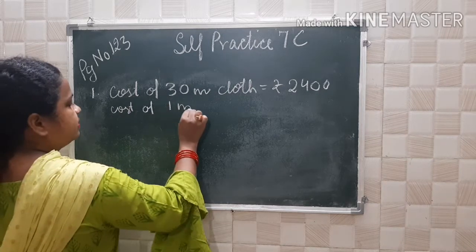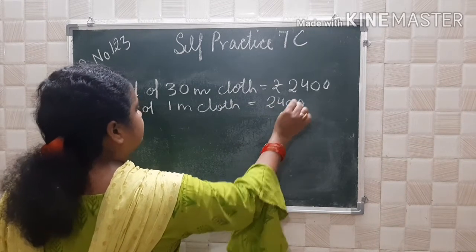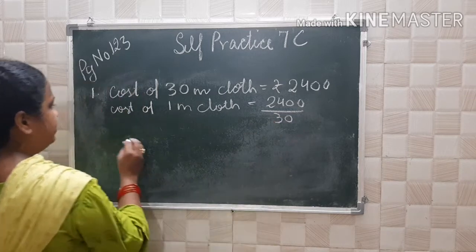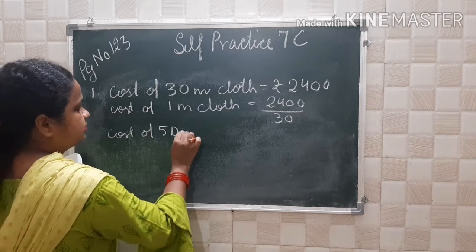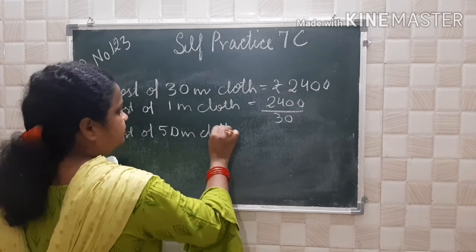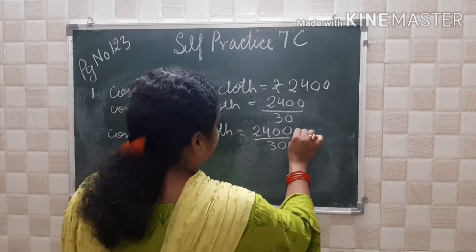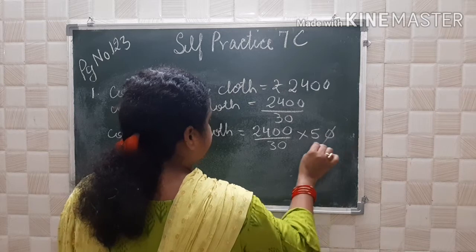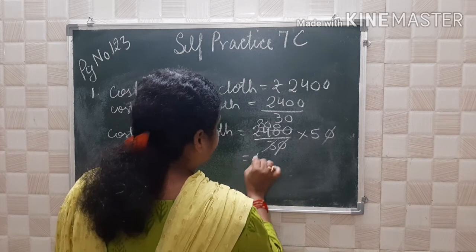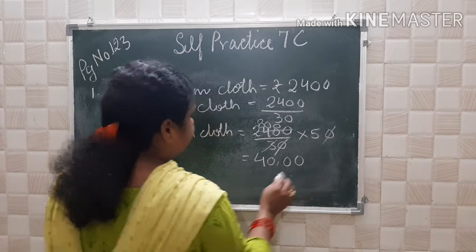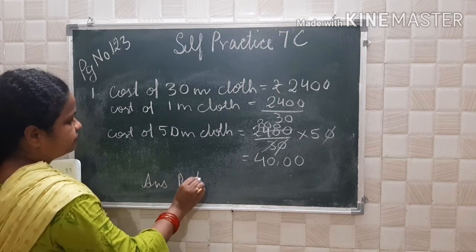First you will find 1 meter cloth: 2400 upon 30, and for 50 meter, the cost of 50 meter cloth is 2400 upon 30 into 50. So 0 and 0 will cancel out. 3 8s are 24, 8 5s are 40, 4000. Your answer is rupees 4000.